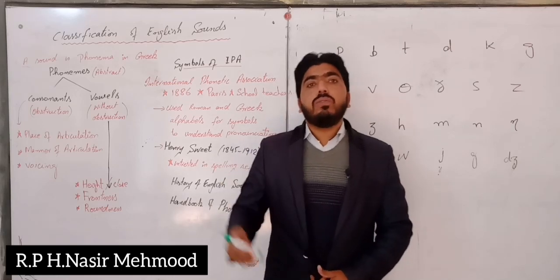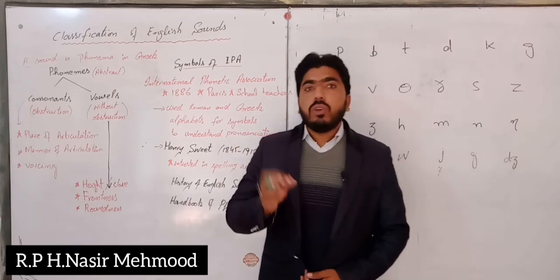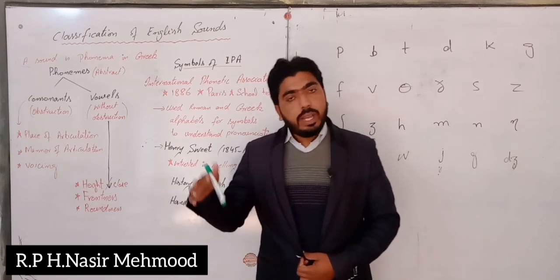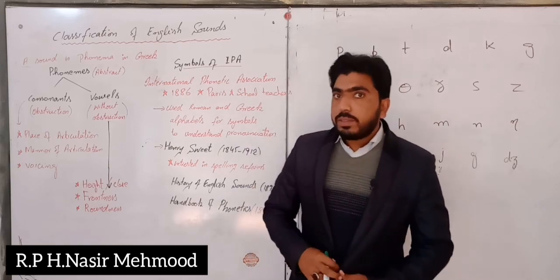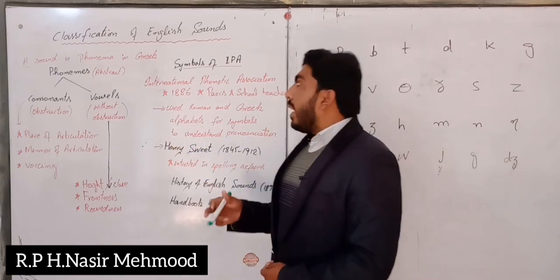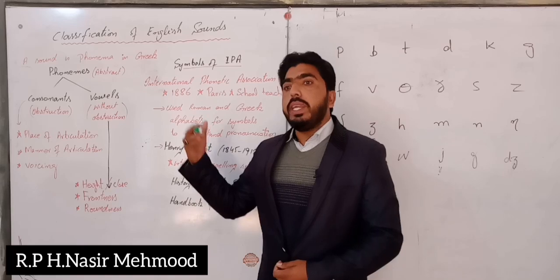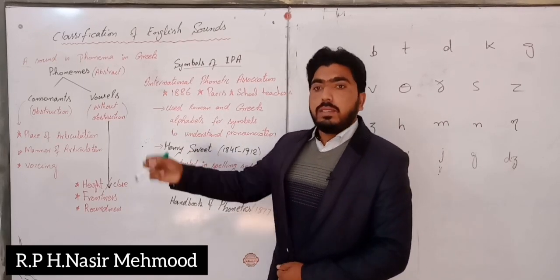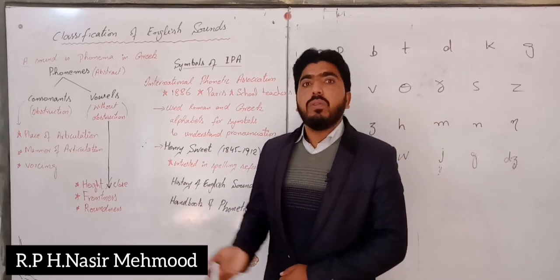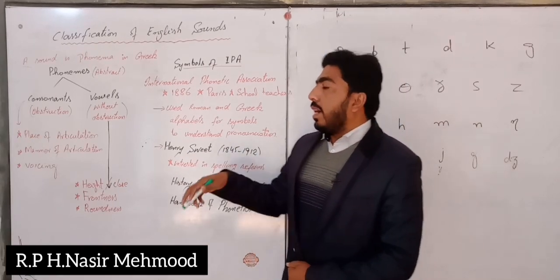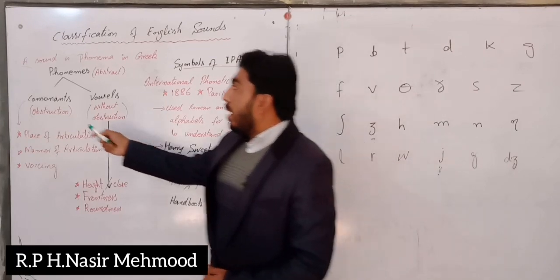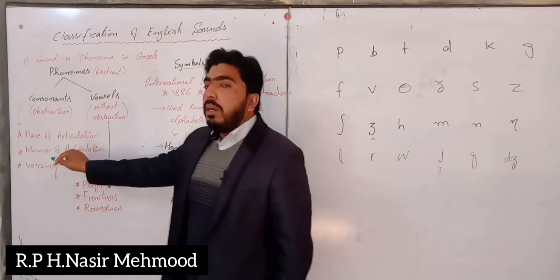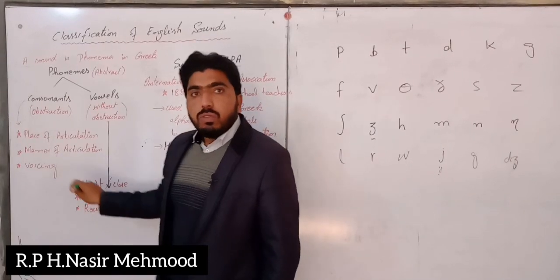Further, these sounds are classified into short vowels, long vowels, and diphthongs, and we also have triphthongs. Now, the question arises how we describe them. It is not possible to cover the description of consonants as well as vowels in the same video. Consonants are further described in terms of place of articulation, manner of articulation, and voicing.